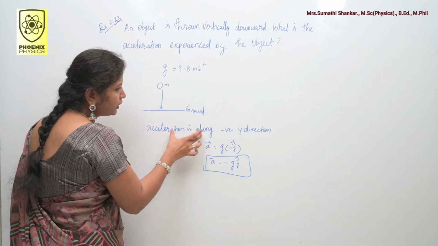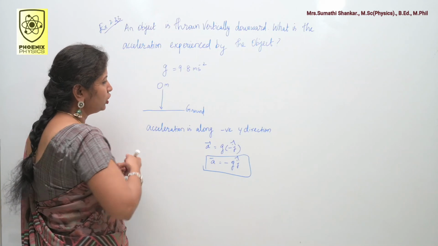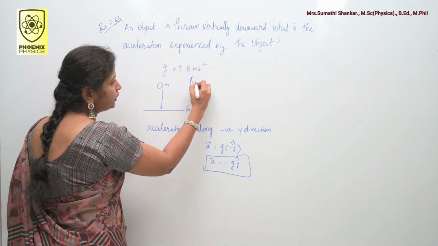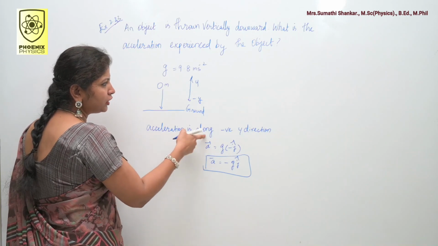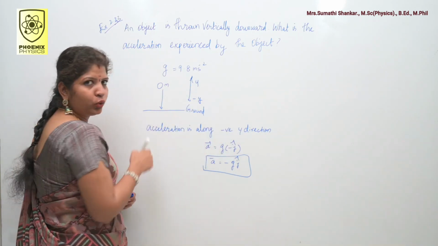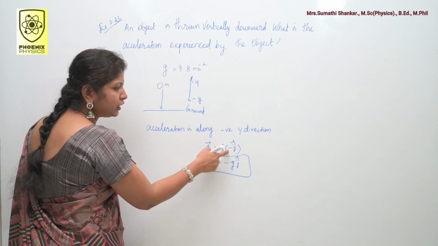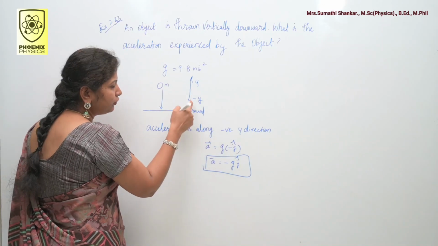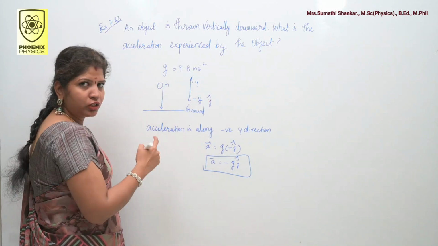So the acceleration here is along the negative y direction. So this is positive y direction, this is negative y direction. So acceleration is along the negative y direction. So a can be written as g in the negative y direction. So if it is minus y, the corresponding unit vector is j vector.